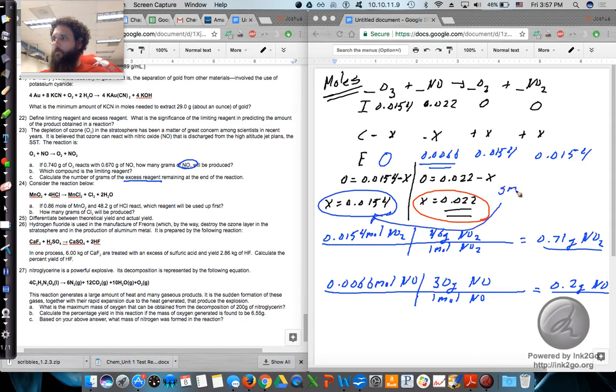The smaller x equals limiting. So whichever x is smaller is your limiting reactant, and that will always be true, always. All right, I need to wipe the screen again and scroll up.